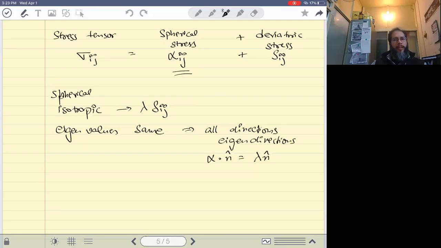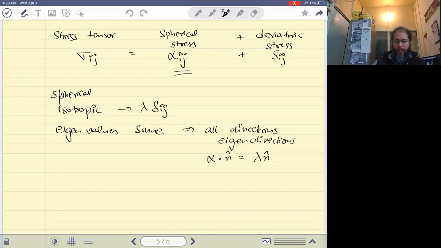That's exactly what we want to state here. That alpha, which is the spherical part of the spherical stress, you take any coordinate system or any n hat, or any principal coordinate system, and you will see that it transforms to itself. It's a spherical symmetry. It stays the same no matter whatever transform you do. Okay, so that's the motivation behind calling it a spherical stress.